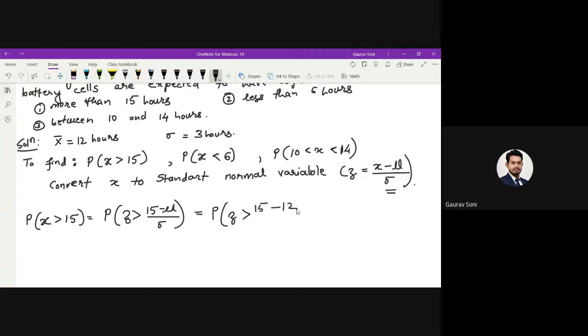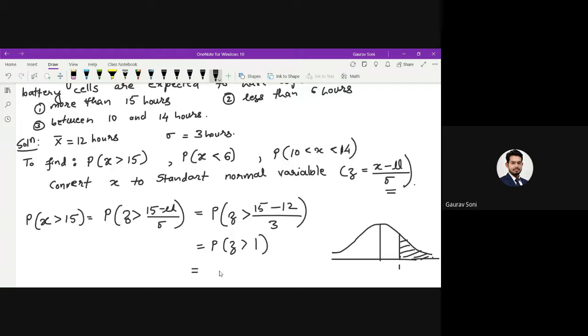What is mu? Mu is 12. Sigma is 3. So this is equal to probability of z greater than 15 minus 12 by 3, which is 1. Draw the bell-shaped curve. Z equal to 1 will be here. Z greater than 1 is this area. How can we get this? Now use your knowledge about the normal curve and the statistical table.